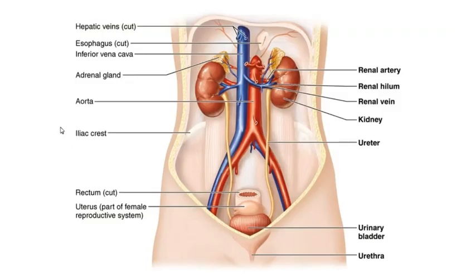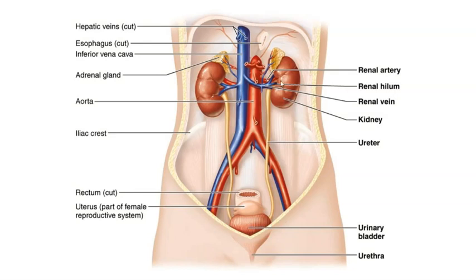So just looking at these structures here, we have the 2 paired kidneys, kind of a reddish-brown bean-shaped organ. From the center of each kidney, there is a small slit-like structure called the renal hilum. From the renal hilum, one of the structures that emerges from it is the ureter. So the ureter is directing the flow of urine that's produced by the kidney down to the urinary bladder to be stored.